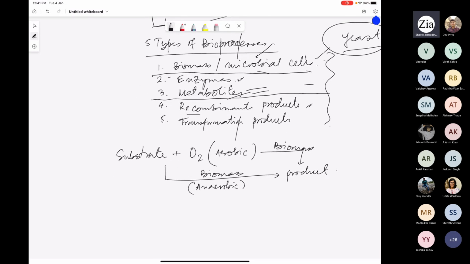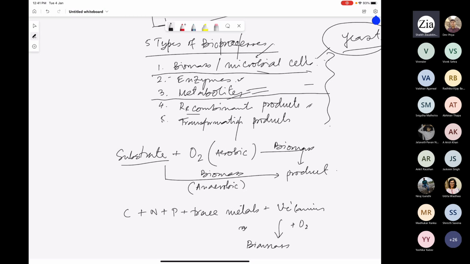Now, in the substrate component, you can have carbon, nitrogen, phosphorus, different other trace metals, and different vitamins. Depending on your requirement, you can either have oxygen for aerobic, or you may have an anaerobic environment to produce your final product. In the final product, you will get biomass.